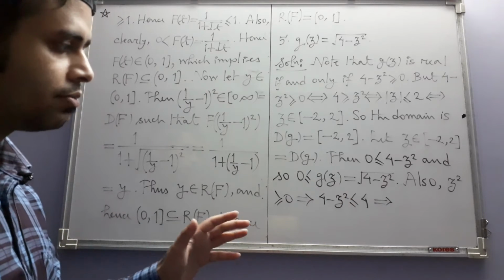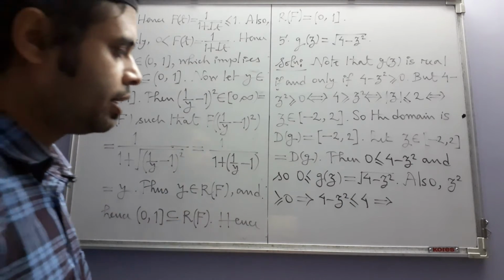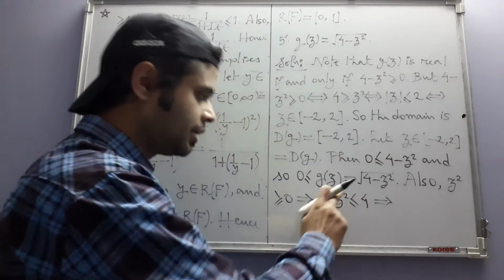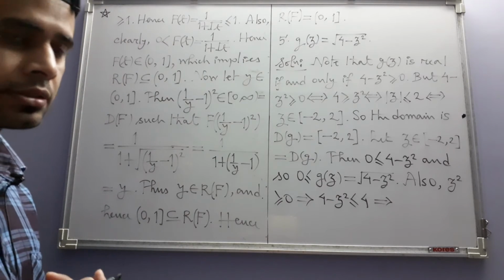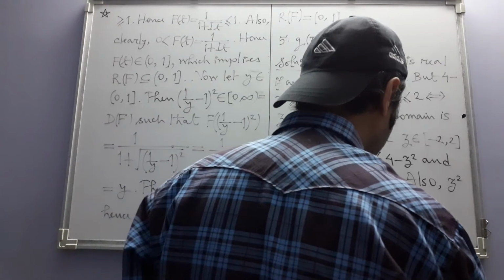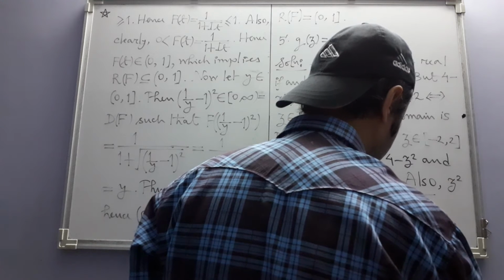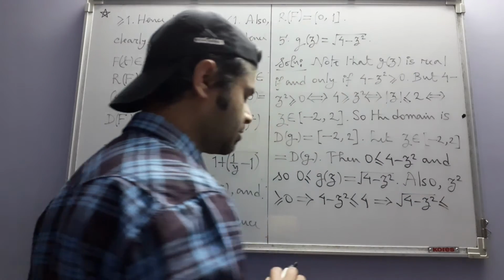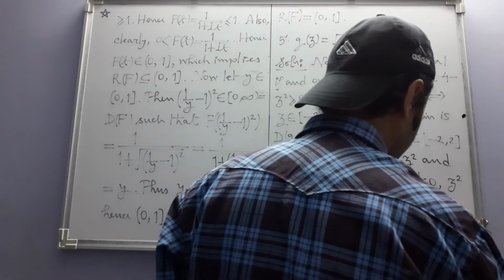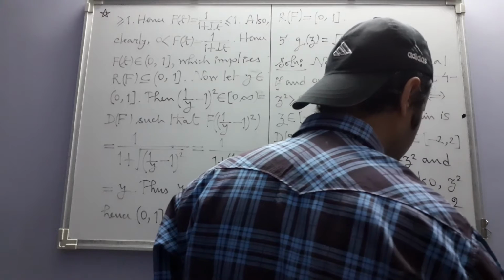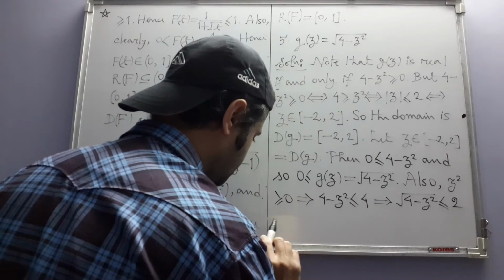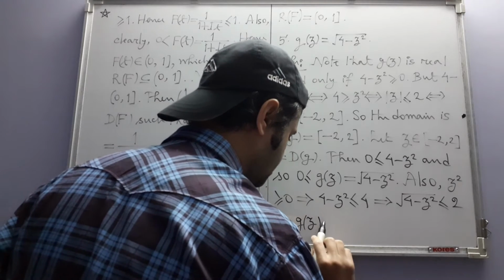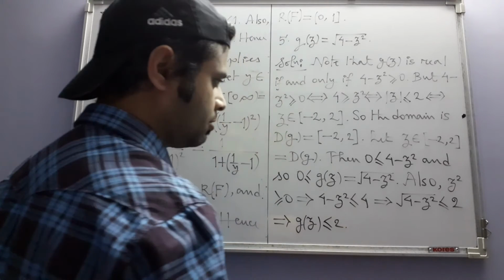The question is, can we do that? We can do that because 4 minus z square is a non-negative real number, so taking square root makes sense, and when we do that the inequality will not change direction, it will not get reversed, and positive square root of 4 is 2, that is g of z is less than or equal to 2.